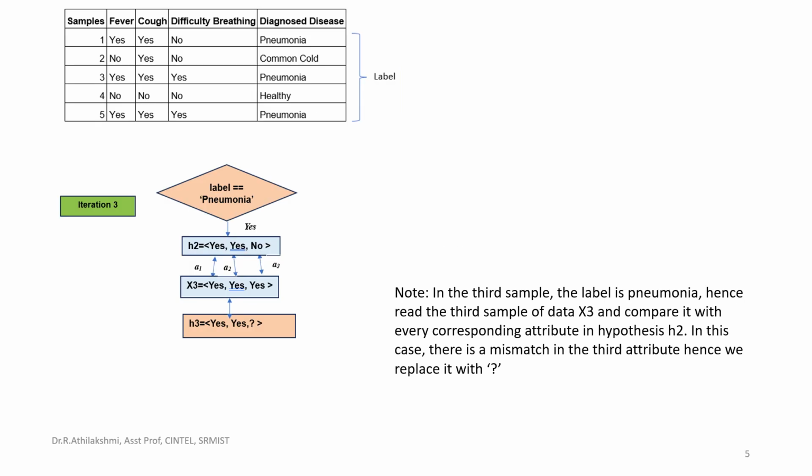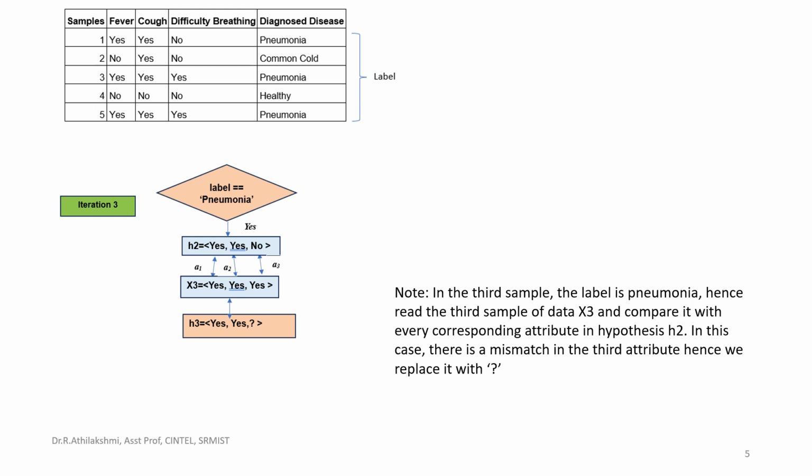In the third iteration, it reads the third sample of data and checks the label. The label is pneumonia, so the algorithm tries to update the hypothesis. While updating, it checks each attribute of H2 against each attribute of x3. The first attribute of H2 is yes, and the first attribute of x3 is yes.